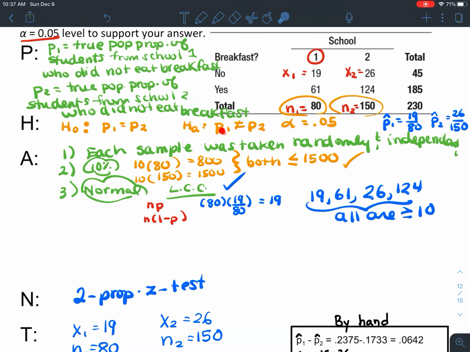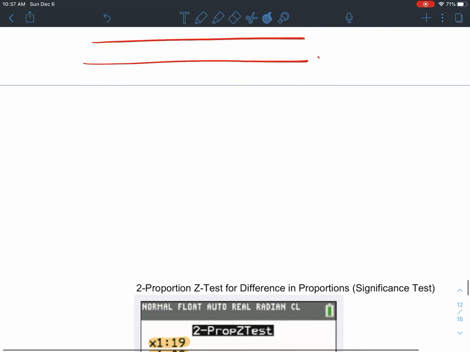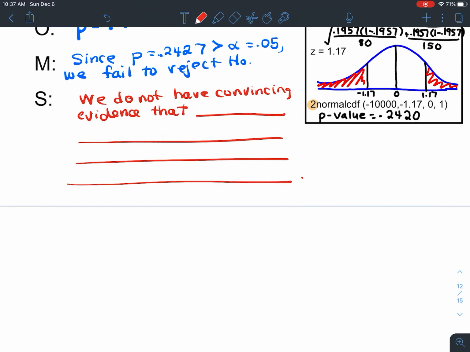Remember, our alternative hypothesis was a statement here that there is a difference between these two proportions. If they're not equal, we're saying that there is a difference.